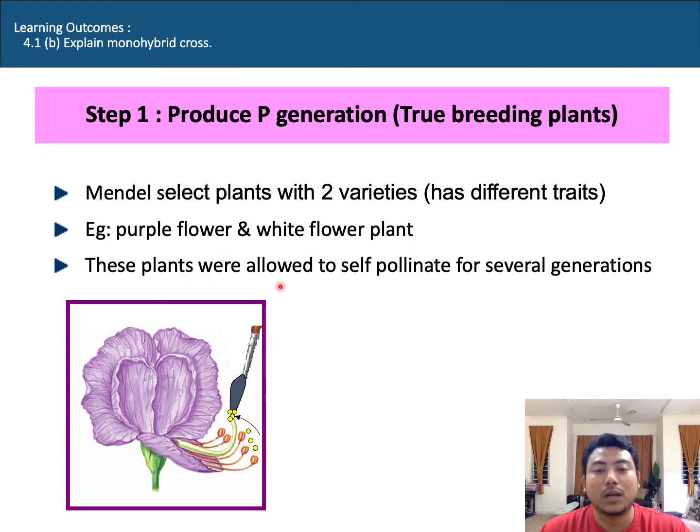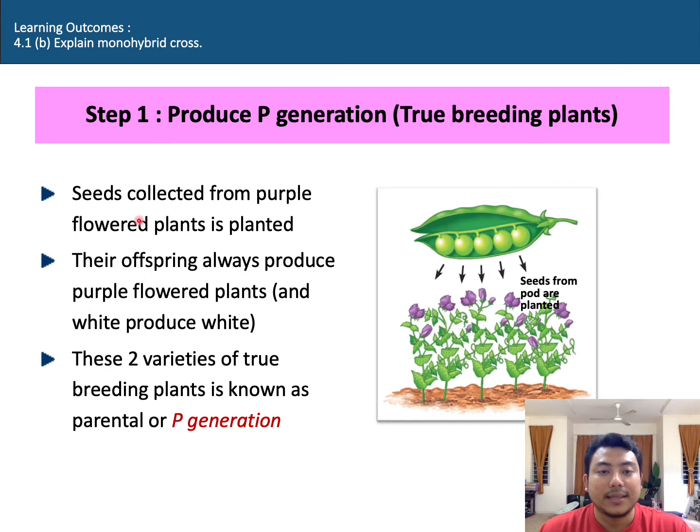These plants were allowed to self-pollinate for several generations. When we say self-pollinate, maksud dia kita pollinatekan pollen daripada bunga yang sama, daripada anther yang sama pergi ke stigma of the same flower. Okay, so that is what you meant by self-pollinate. And then the seeds collected from the purple flower plants are planted.